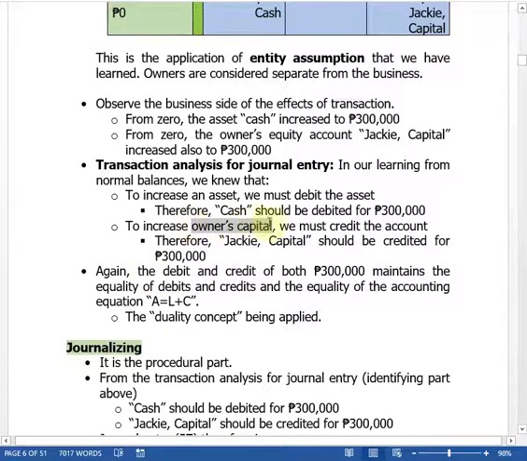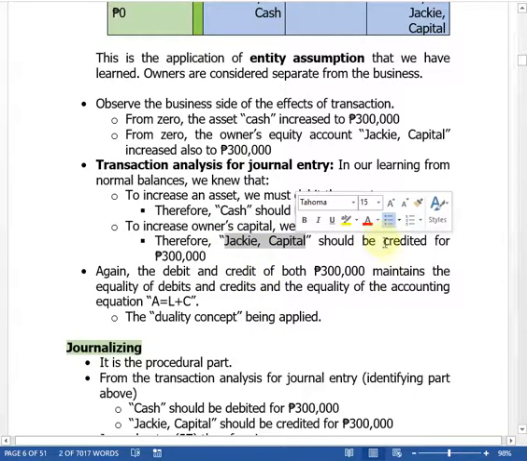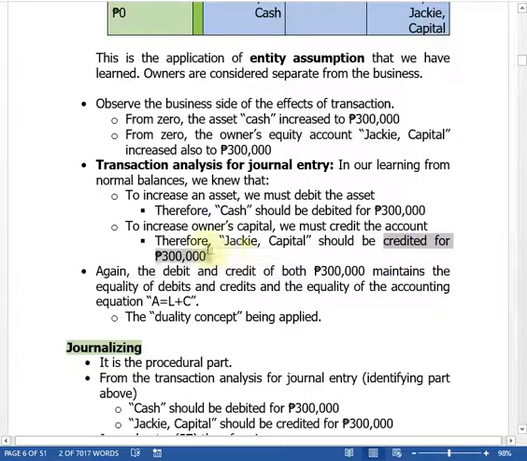To increase owner's capital or capital account, we must credit that account. Therefore, since we increase Jackie capital from 0 to 300, that means we must credit Jackie capital for 300. Okay?